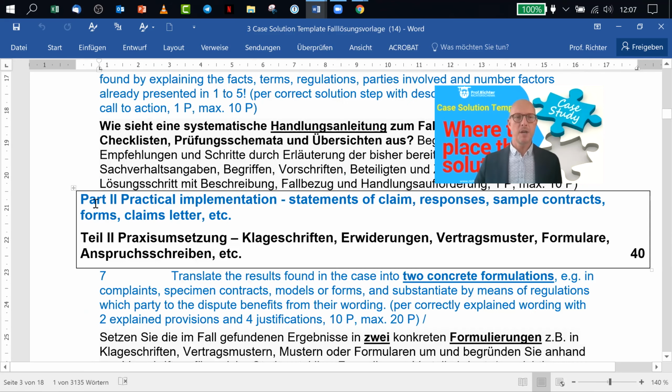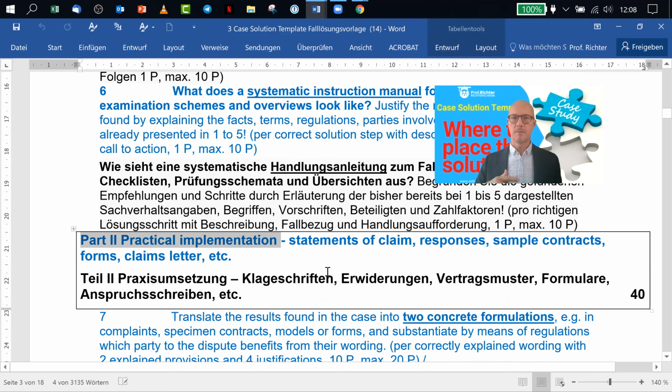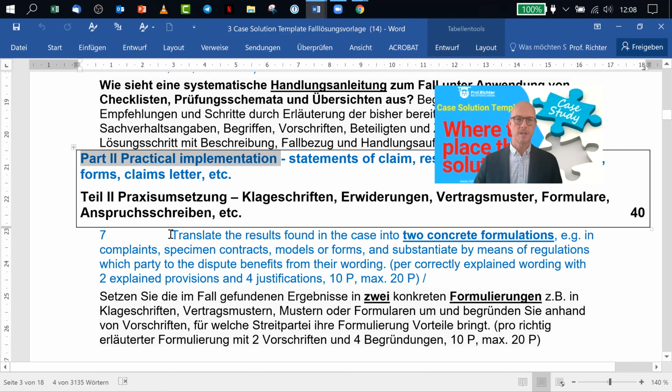And then we have the second part, which is more a practical part. It's a practical implementation. So how would you implement these findings in your real life? And here we have 2 questions. The first one is that you should translate the results you found in 1 to 6 into 2 concrete formulations.